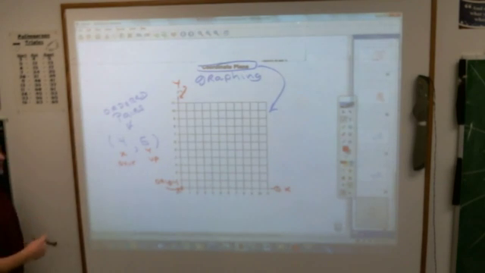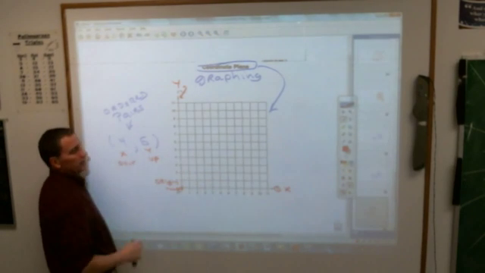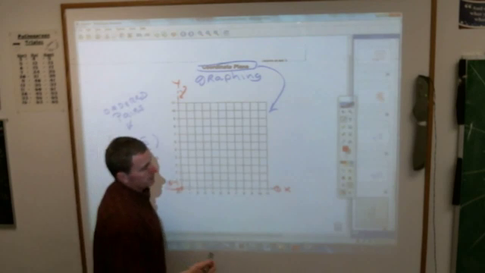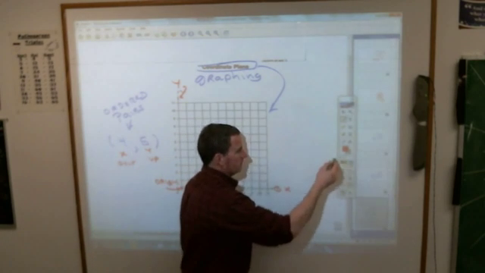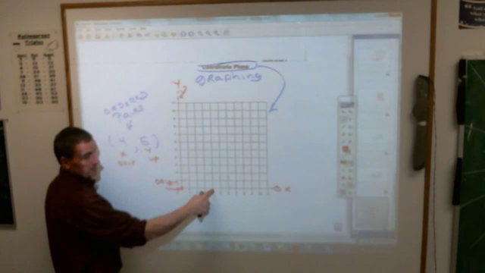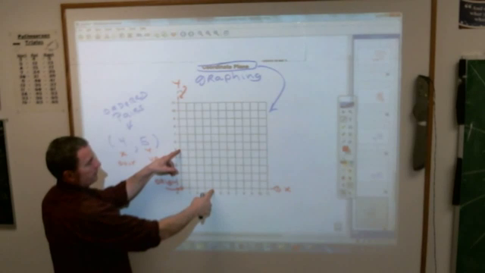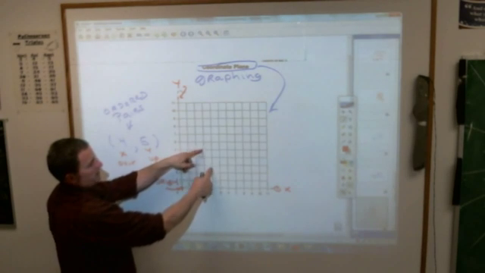So if I am looking for the ordered pair 4, 5 on my coordinate plane here, there's a couple different ways you can think about doing it. What you can do is find the number 4 on the x-axis, and find the number 5 on the y-axis, and follow those two lines until they cross.